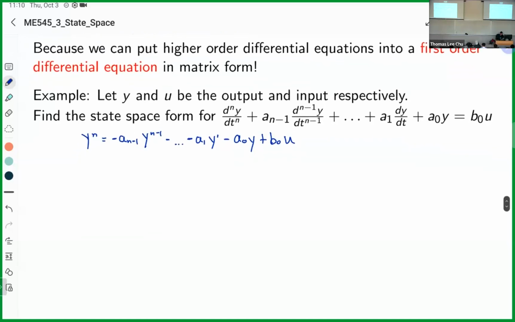And basically we now have n state variables.